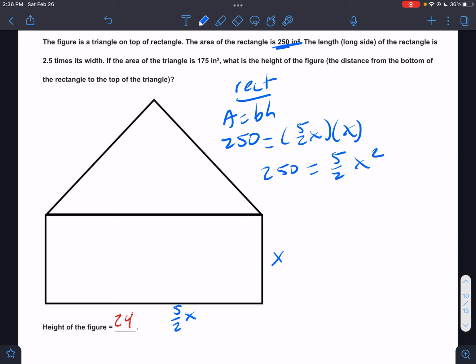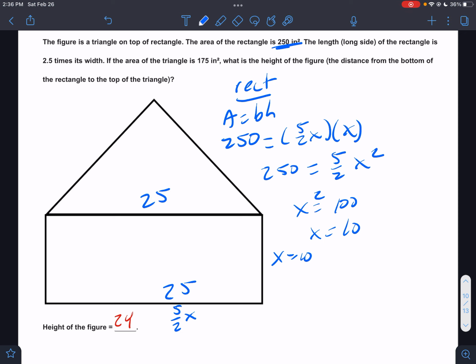How do you undo 5 halves? You do times 2 divided by 5. So it'd be 500 divided by 5, which is 100. So x equals plus or minus 10, but it can't be negative 10 here, so it's just 10. And then 10 times 5 divided by 2 would be 25.